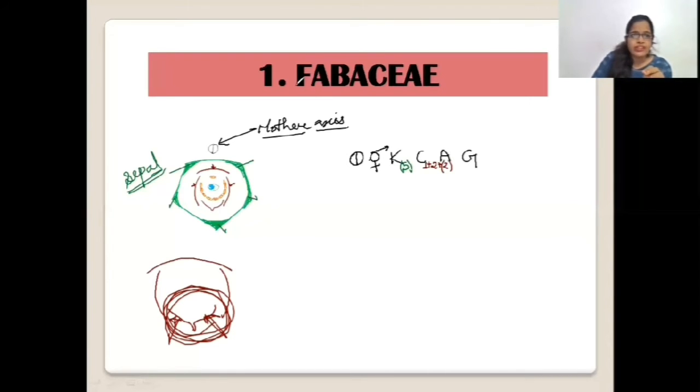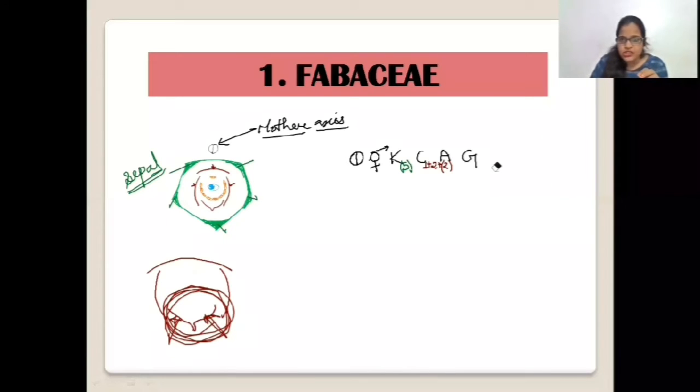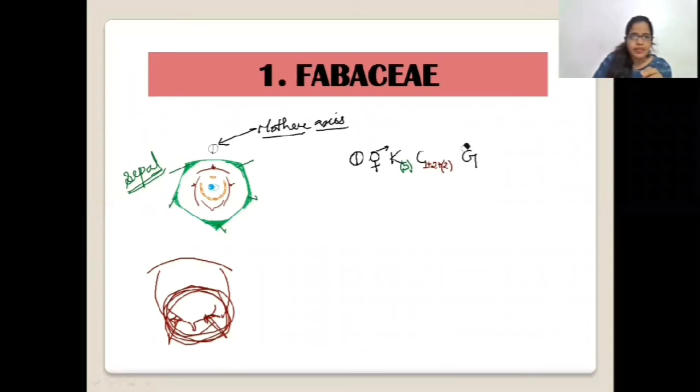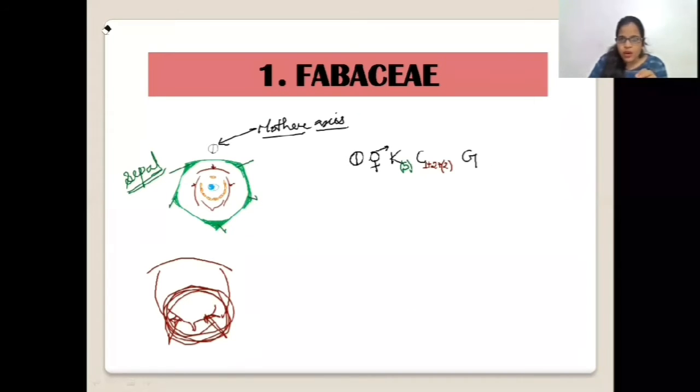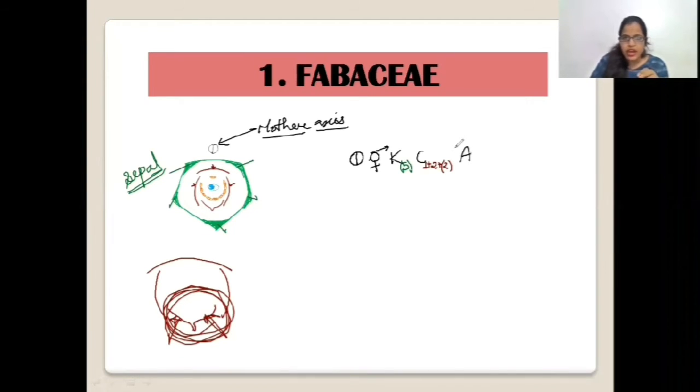Wait, I'll just erase A and G so that we get enough space to write the rest of the things. Okay, and I'll rewrite A and G separately. Now, A and G. Okay.